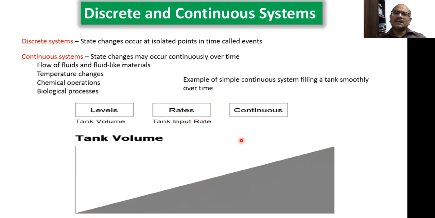So systems where the event is not broken with respect to time, and there is continuous availability of motion or output from that system, are known as continuous systems.